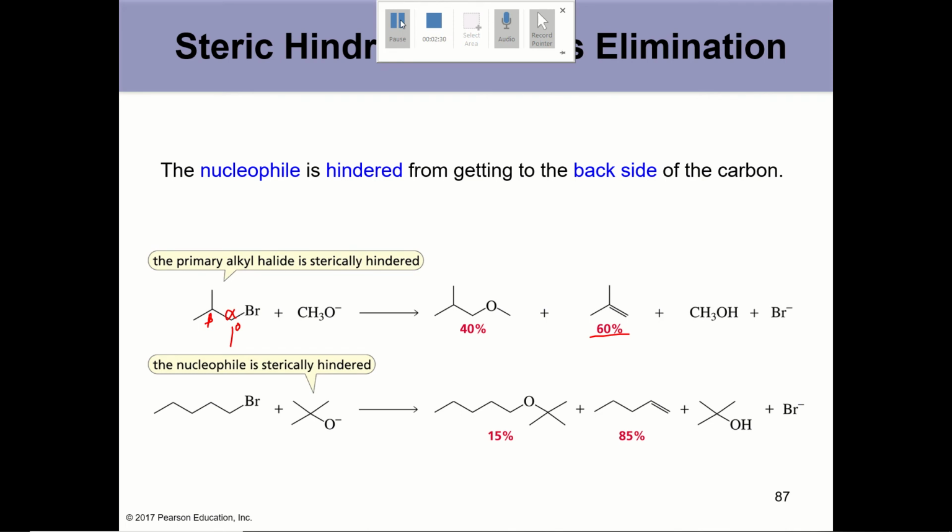The second type of steric hindrance that can cause elimination to be favored is a sterically hindered nucleophile.